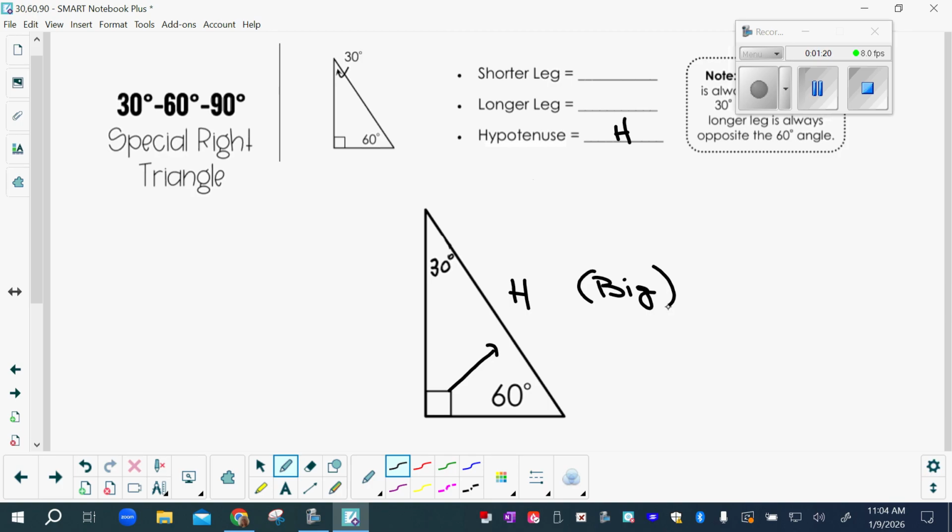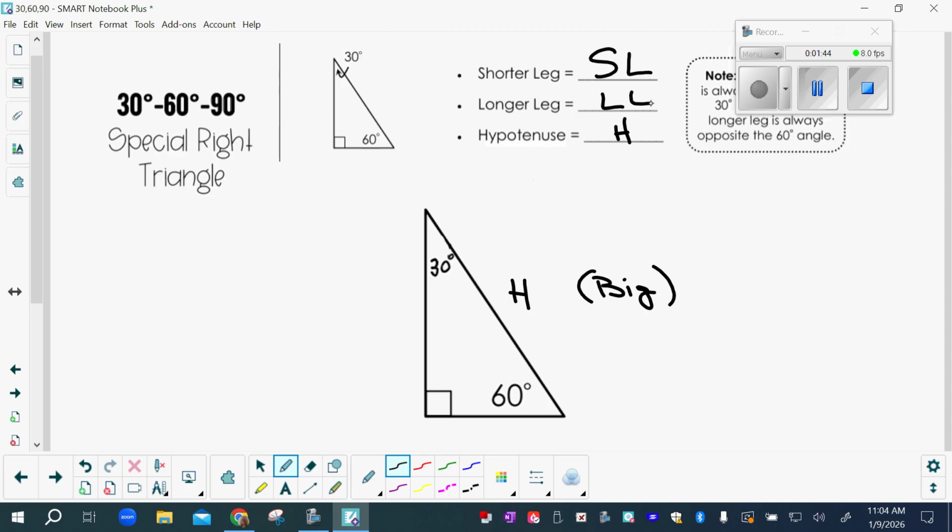Now, here's where this gets a little tricky, and I have to do this every time I do these problems. We've got 2 other sides, and we will call one of them SL for short leg, and we will call one of them LL for long leg. And here's how we know which is which.